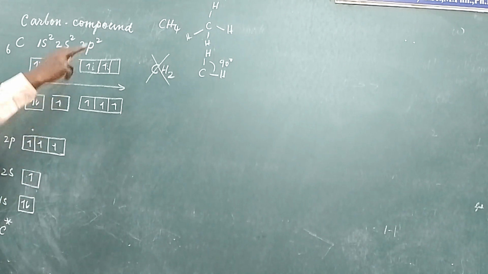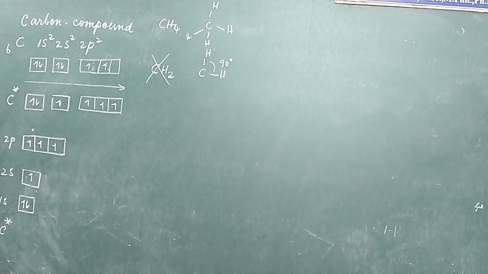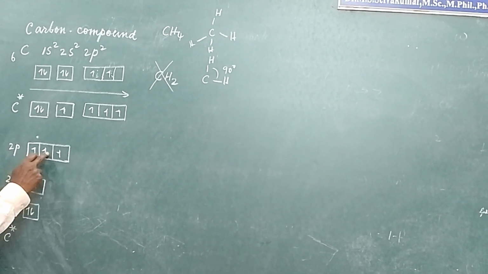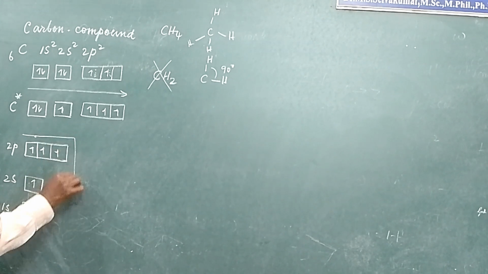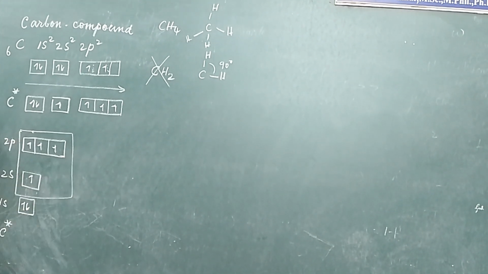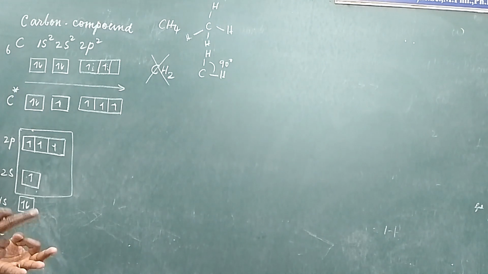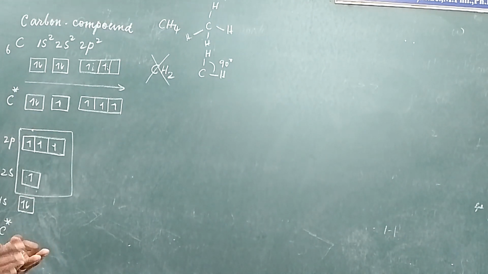Therefore, it will not be of that shape. So something has happened: the 2s orbital and the 3 p orbitals get mixed up. They are getting hybridized. See, hybridization, orbital mixing, and orbital overlap, these are all 3 different things. They are not the same.